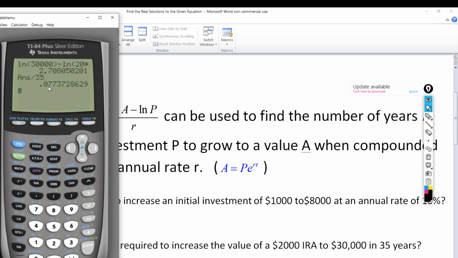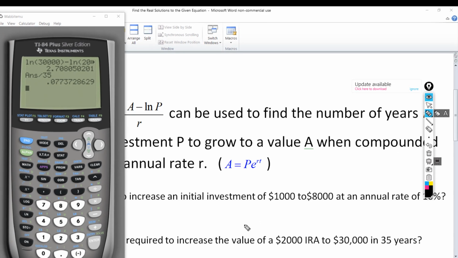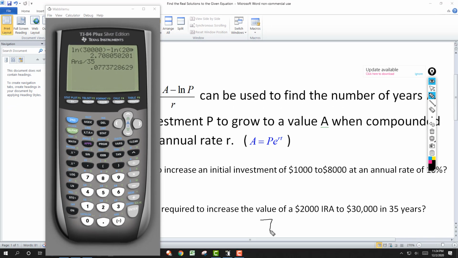So that gives me 0.07 when I convert to a percent. So we move the decimal over 2 places. So that would come out to 7.73, but we round it to 2 places.